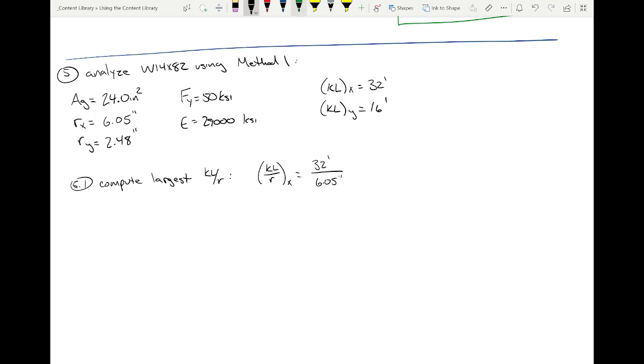Anybody have a problem with that? Hopefully you do. Units. We do the same thing for the y-axis.